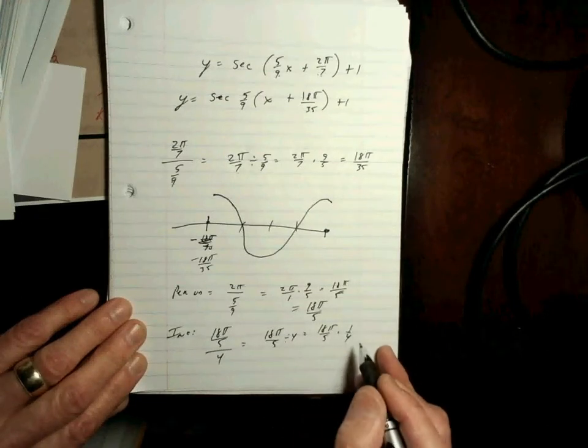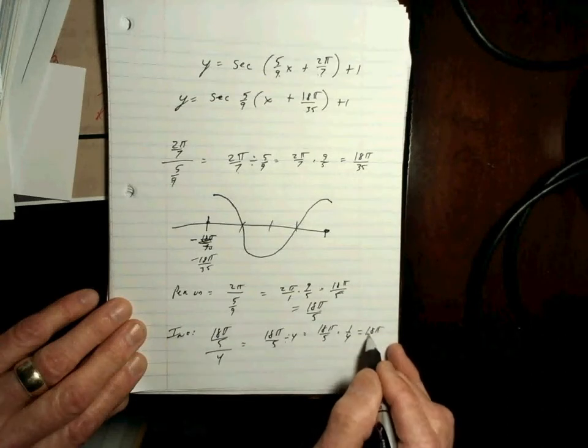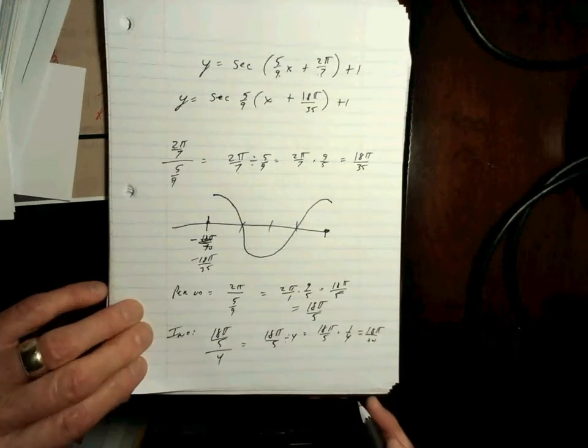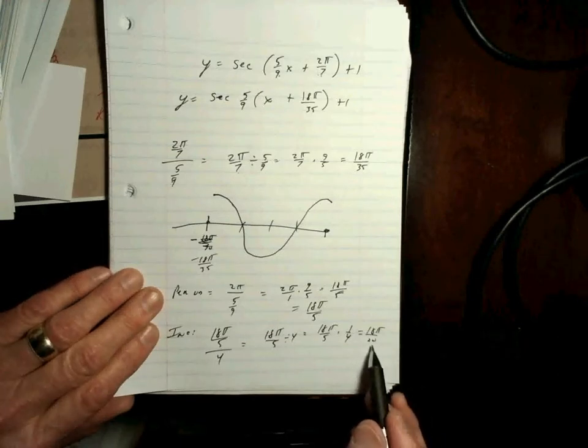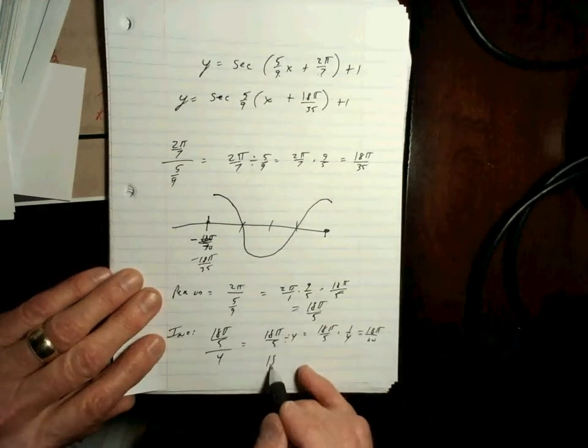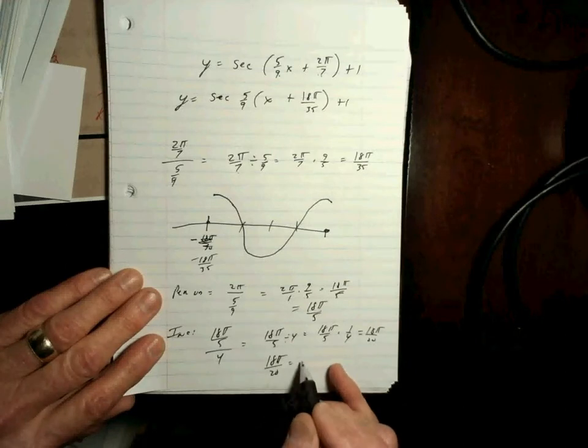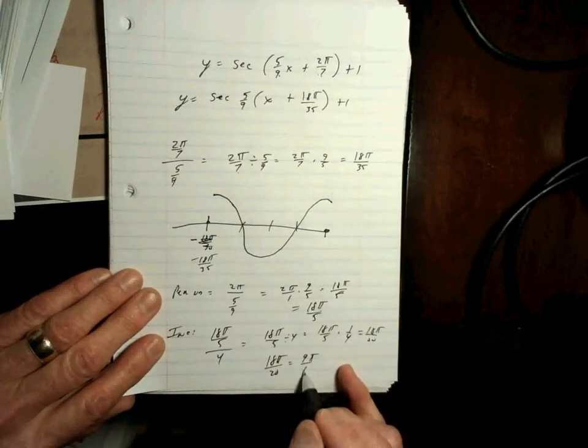That will give me 18 pi over 20. Now, probably the best thing for us to do is every time we can, let's reduce one of these fractions. So 18 pi over 20 reduces down to 9 pi over 10.